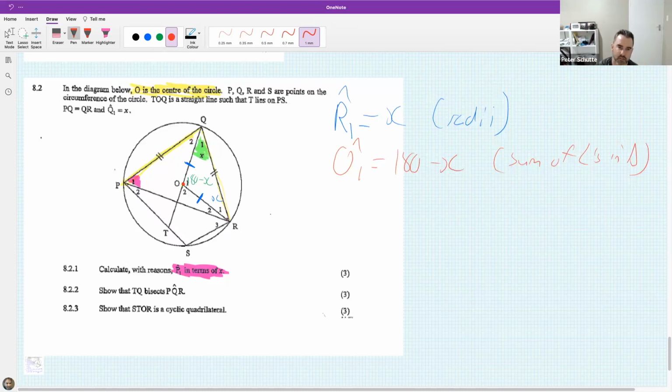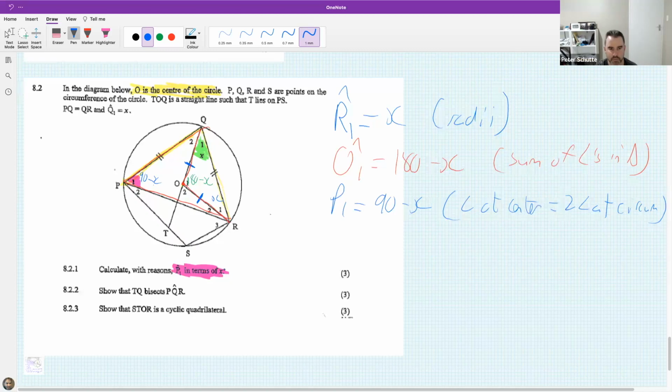And then from that point, it feels like that is an arrowhead pointing like that, which means that P1 must be 90 minus x. Angle at center is twice angle at circumference. So this is 90 minus x.